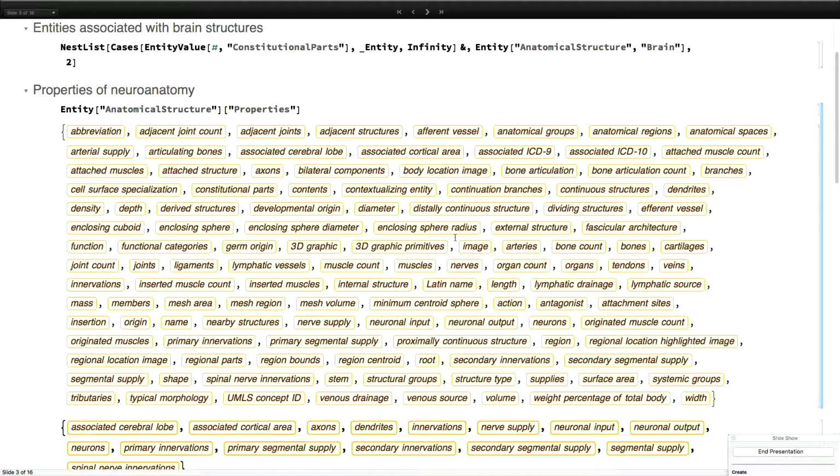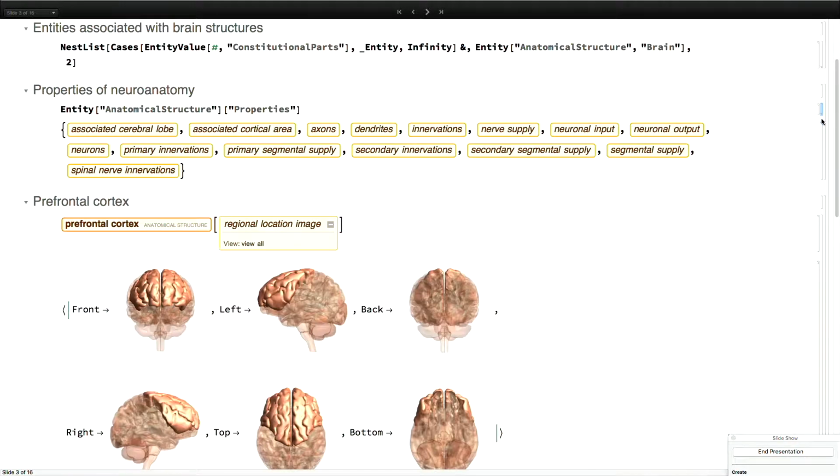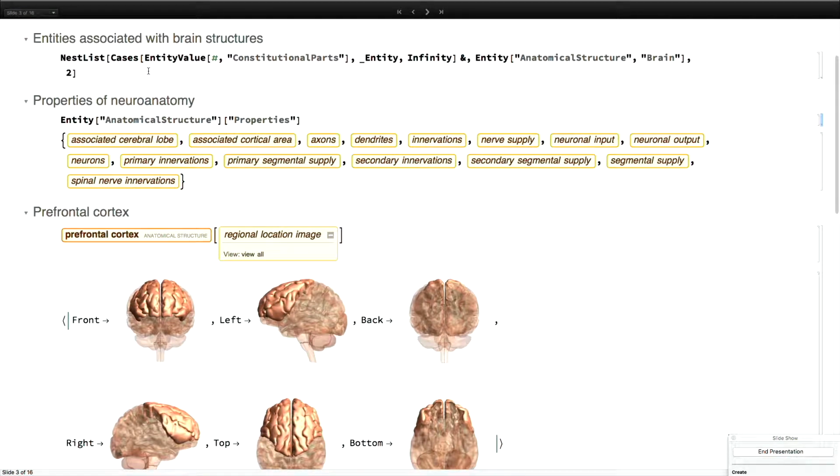Some are image properties, graphics, and geometric properties, and some describe the connectivity or physical characteristics. Among those, some properties are especially dedicated to exploring neuroanatomy. And with combinations of these entities and properties, we can take a closer look at individual brain structures.